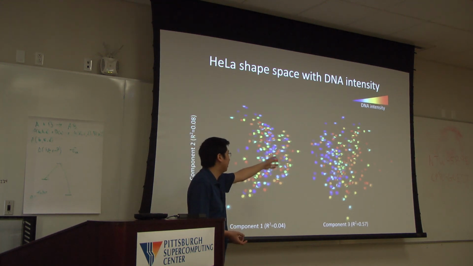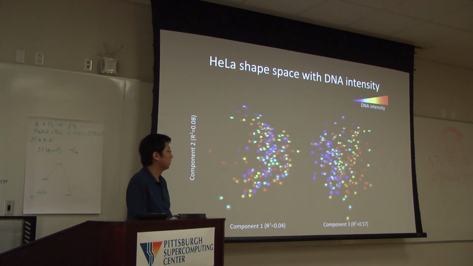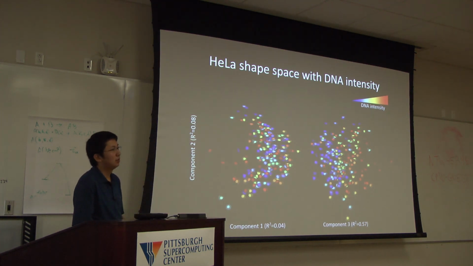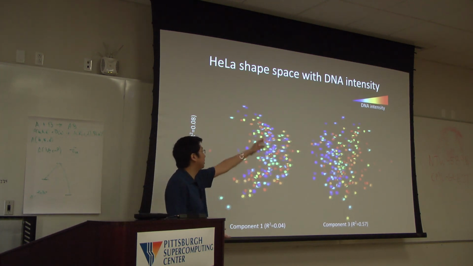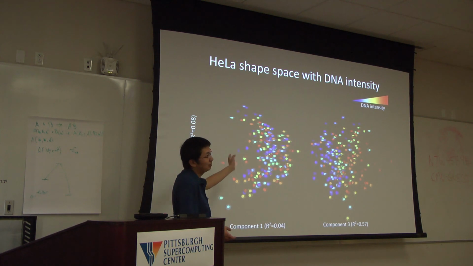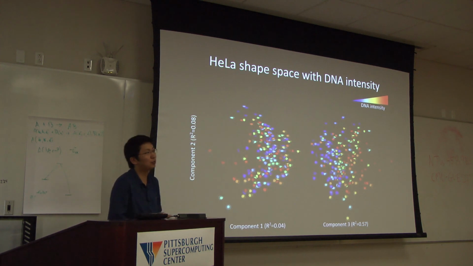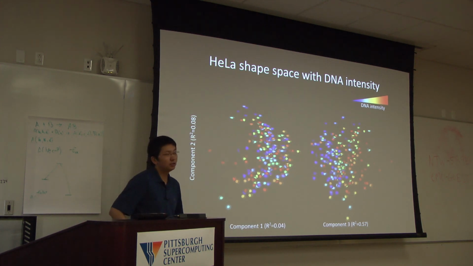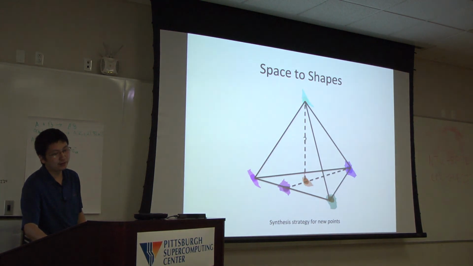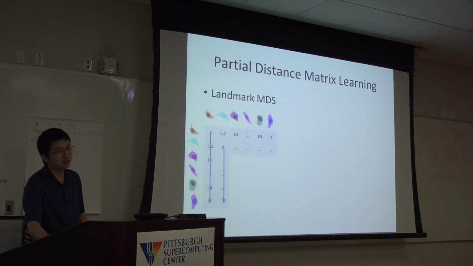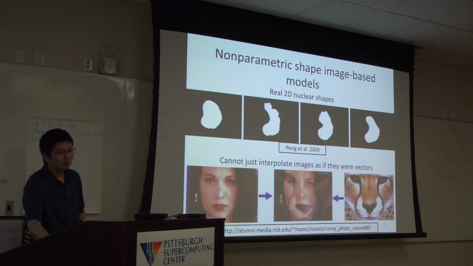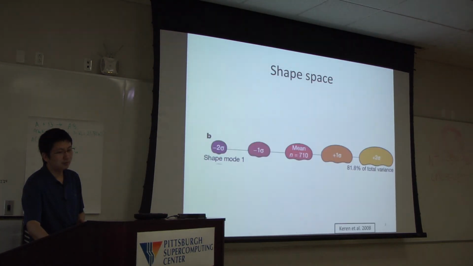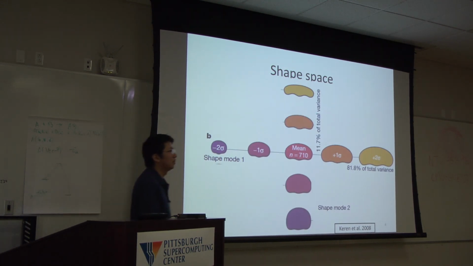But we can compare the DNA intensity with any number of components, and we found the third one has a very strong correlation. This is similar to the shape space we saw in the outline model.